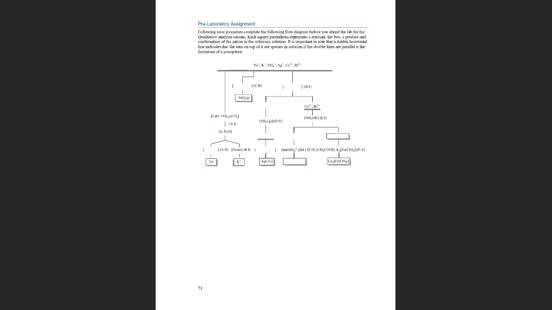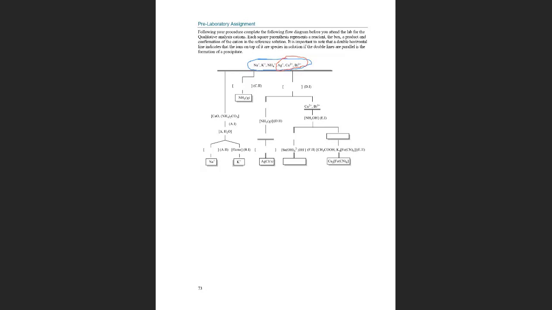So we said at the beginning that you have 6 cations that you are going to identify and separate. And we said that we divide the cations in different groups. So one group is going to be these 3: the silver, the copper, and the bismuth.